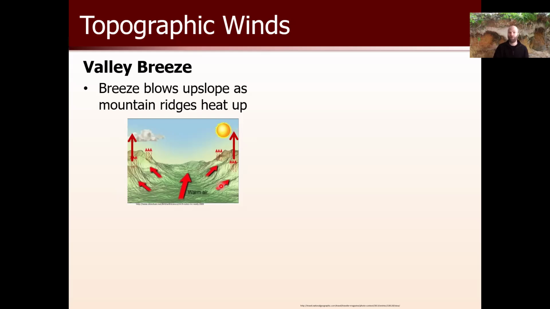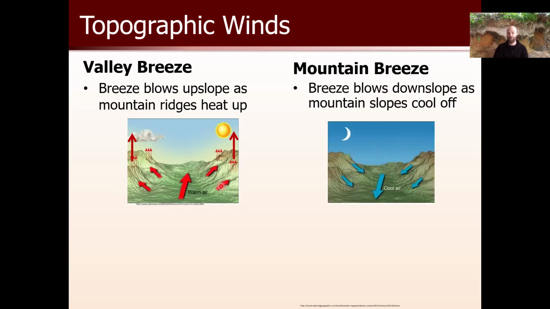And for that reason, you have these consistent valley breezes as well as mountain breezes, which are effectively the opposite at night. Then the ridges cool down and the cold air wants to sink. And so you have this diurnal shift of wind patterns in the mountains.